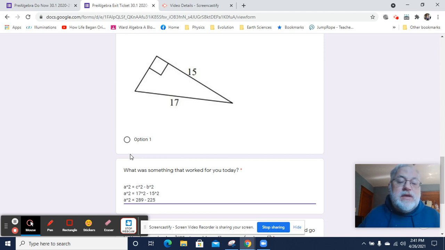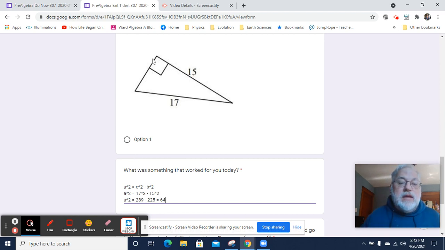So 7 times 7 is 49, and then 7 times 10 is 70, so 49 plus 70 is 119. And then 10 times 17 is 170, so 170 plus 119 is, yes, 289. So confirmed. Now 289 minus 225 will be 64.